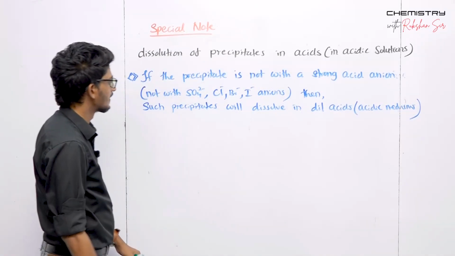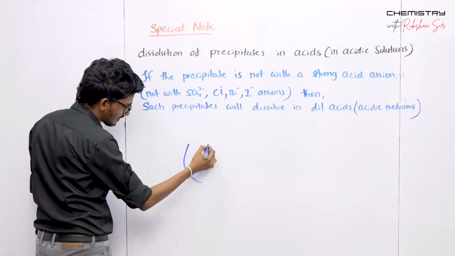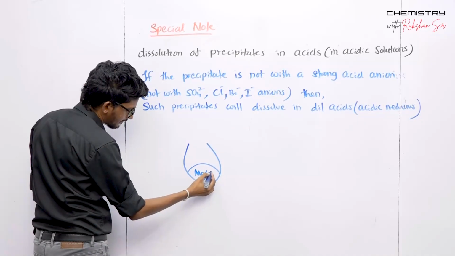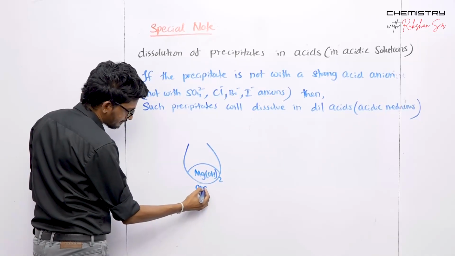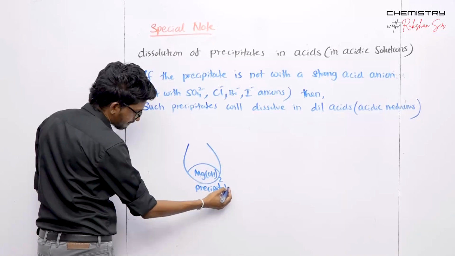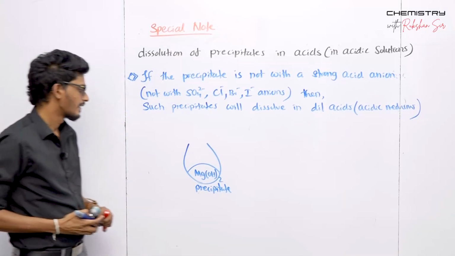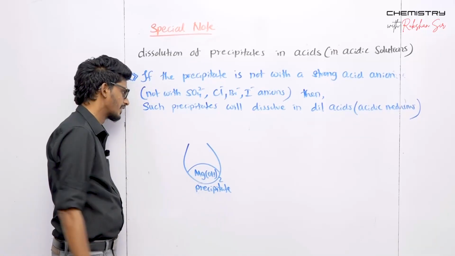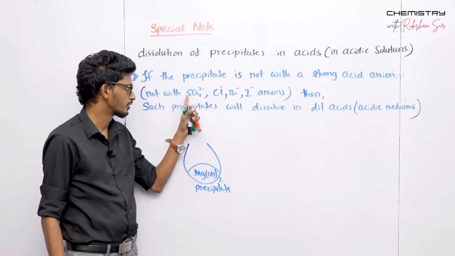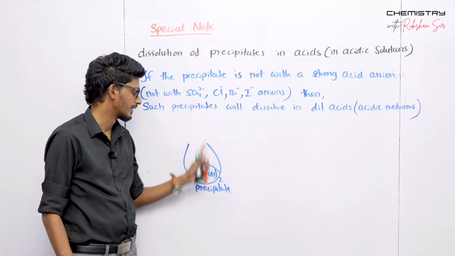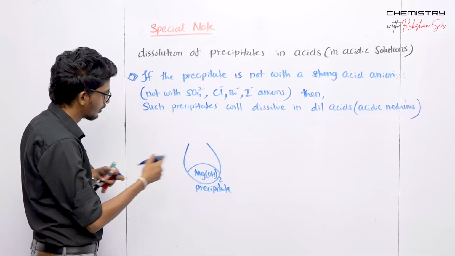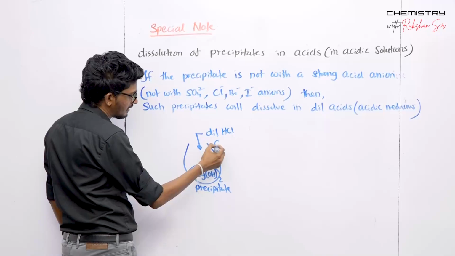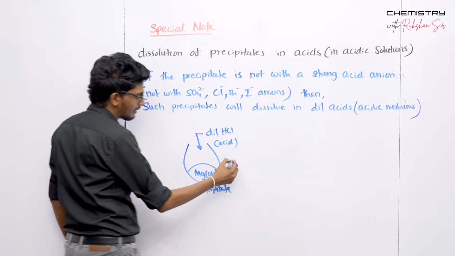See what it says. Say you are with a magnesium hydroxide precipitate. Here you are with OH minus anion. It is not a strong acid anion. It is not coming from H2SO4, HCl, HBr, HI, right? It's not an anion coming from a strong acid. So if you add some dil H plus here, let's say dil HCl, then what will happen?